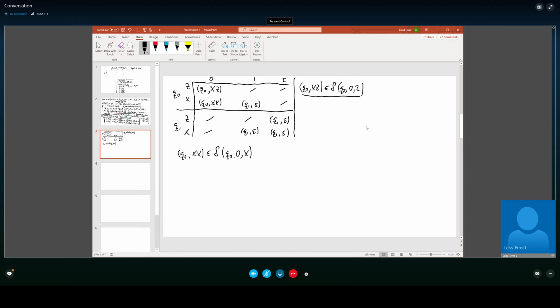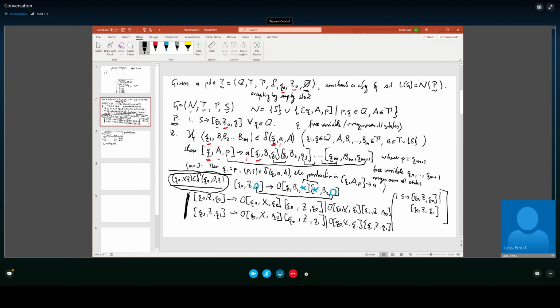Basically, we have to apply this rule 2. So we have Q1, B1, B2 through Bm. So this is Q1. That Q1 is that. So we have Q, this is that Q, and that A, and then P.